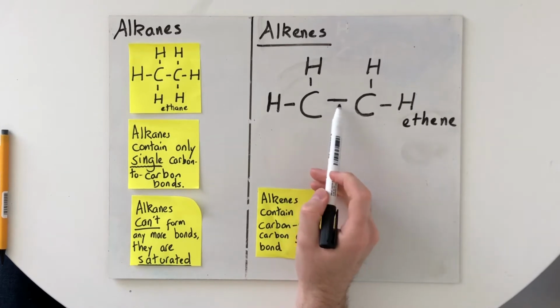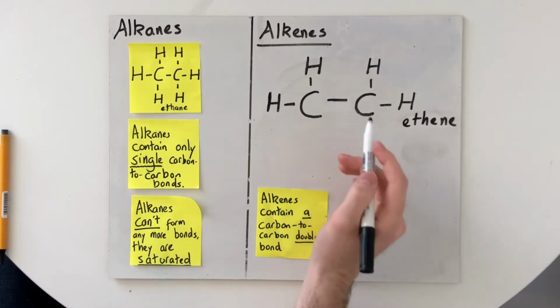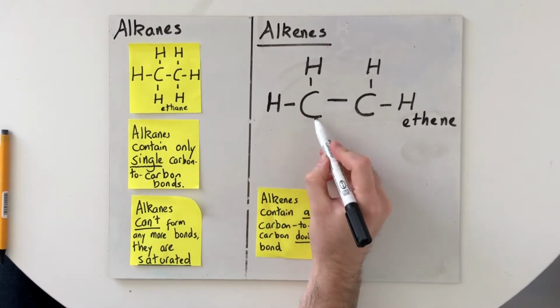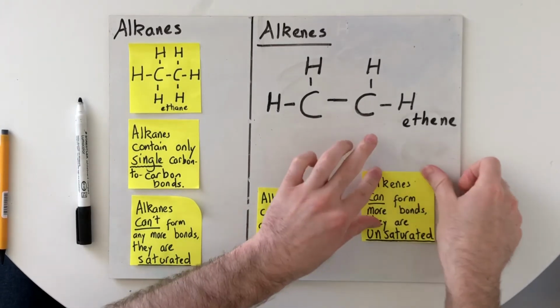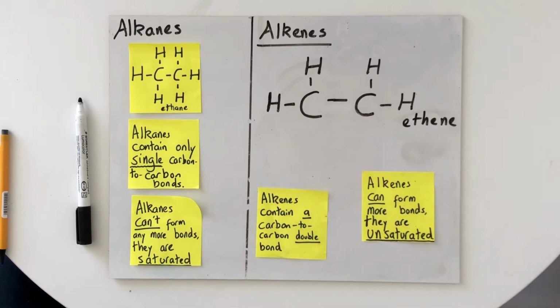So by breaking that double bond into a single bond, we free up the space for these 2 carbon atoms to make a new bond each, so making 2 bonds in total. So having the ability to form new bonds means we're going to describe it as being unsaturated. So alkanes are saturated, alkenes are unsaturated.